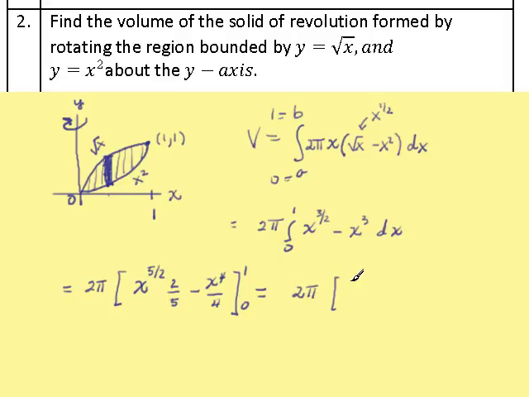Substituting in 1, we have 2/5 minus 1/4. And substituting in 0, we have 0. So we'll just combine those fractions. Get a common denominator: multiply top and bottom by 4 on one, and by 5 on the other.